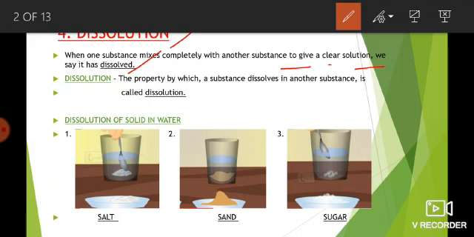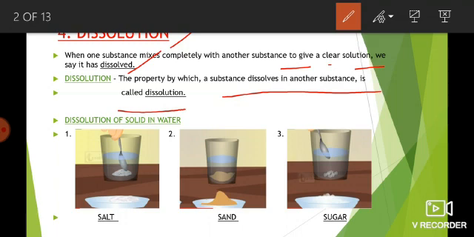So we should get a clear solution. Both the substances should get mixed nicely with each other. Then we say that one substance has been dissolved in another. And this property by which a substance dissolves in another substance is called dissolution.